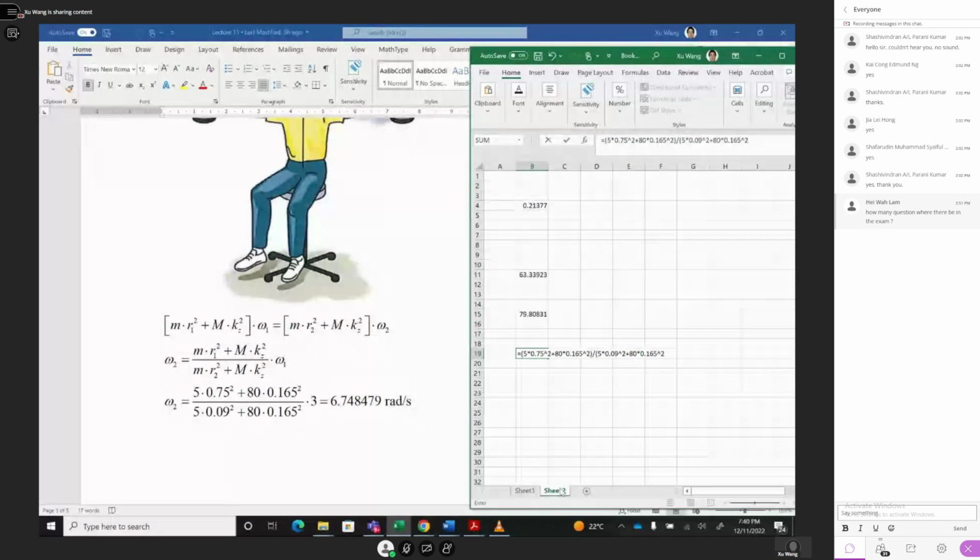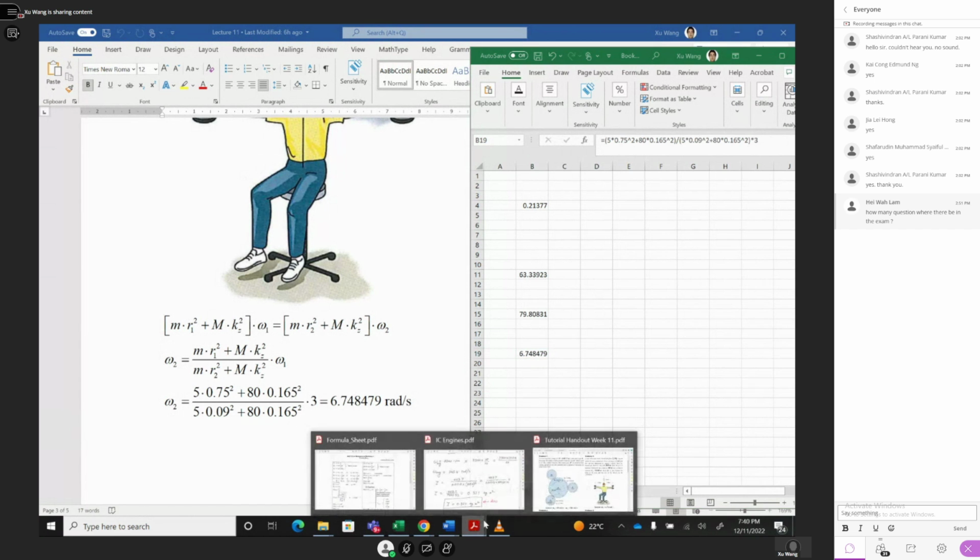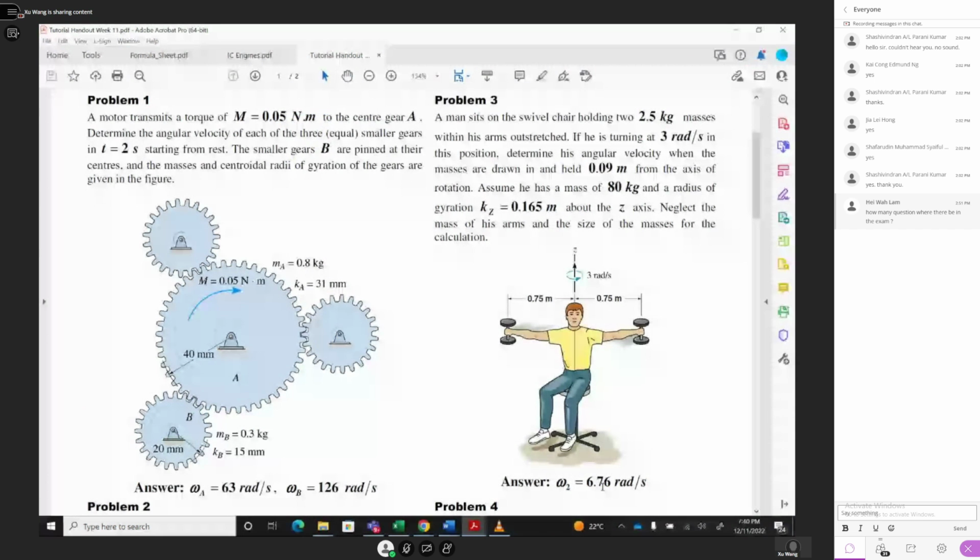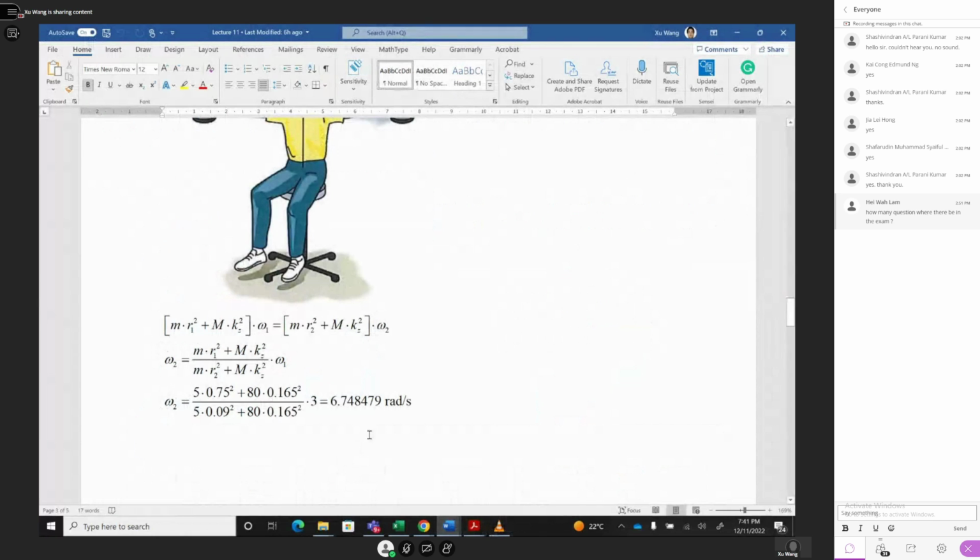This is your denominator and multiply 3. 6.748, 6.75. Look what he gets. 6.76. Okay, a little bit difference anyway. And that's what I get, right? He gets 6.76, I get 6.75. Okay, a little bit difference. All right. That's my results.